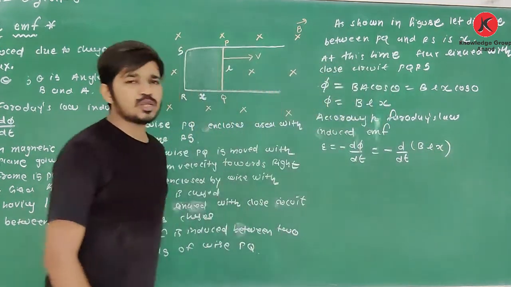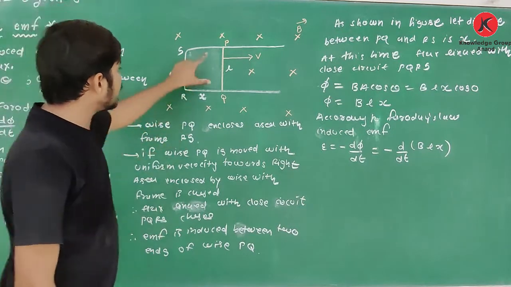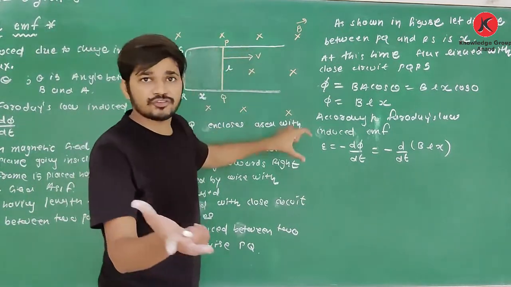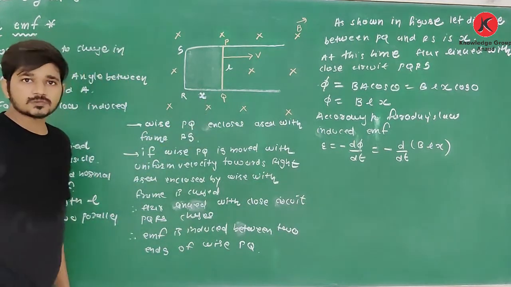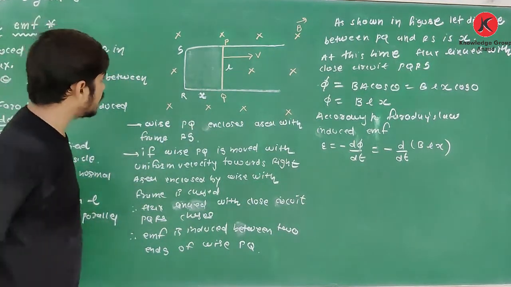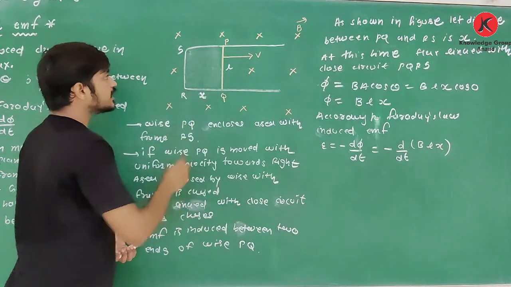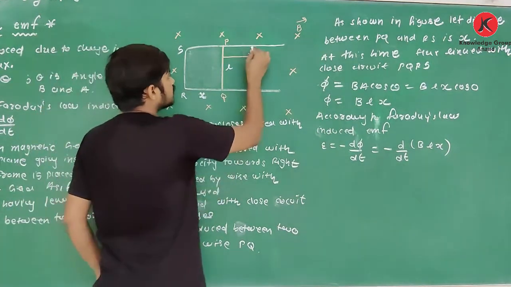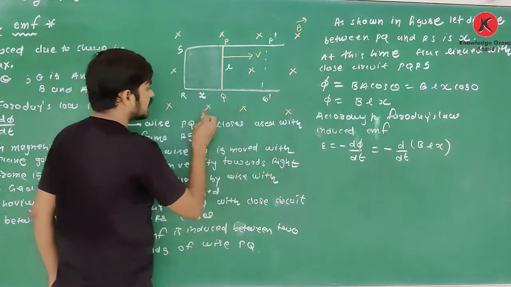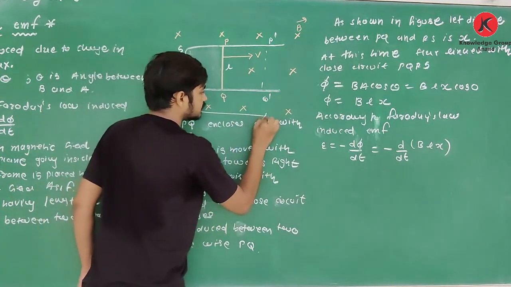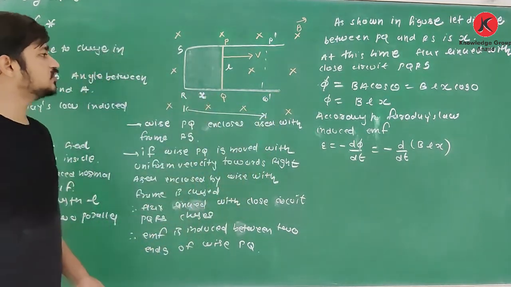Now see, B, the uniform magnetic field, is constant. The length of this wire remains the same. What changes? x. Initially the wire is here at PQ. If after some time it is at P dash and Q dash, then this distance changes.